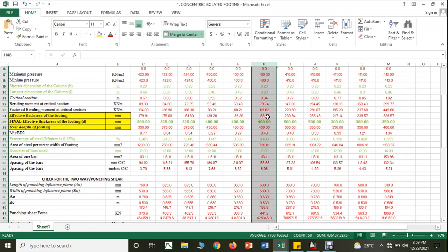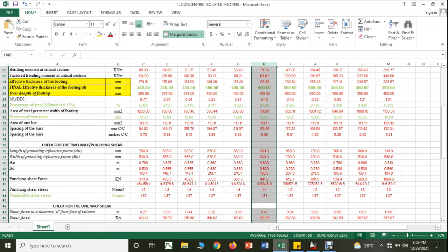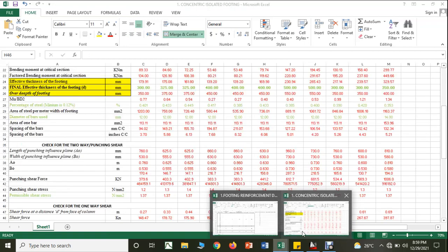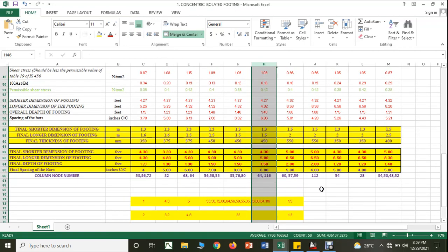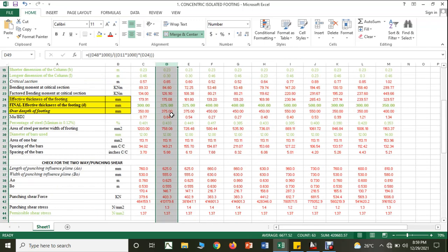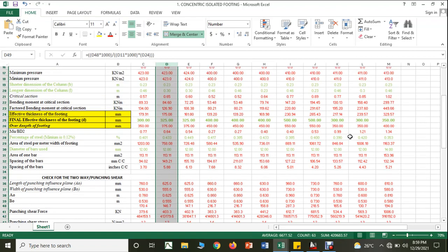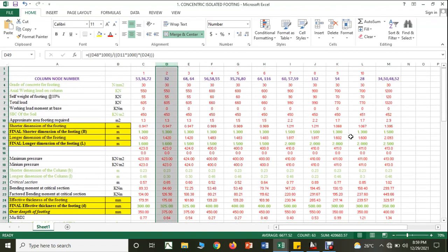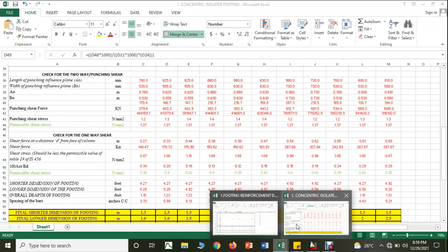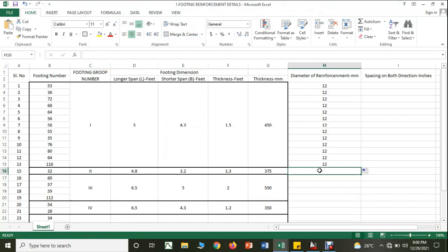The diameter that I have used is 12, right? Then what about column number 32? Yes, this column number 32 is 12. You can see that all these are 12 only.